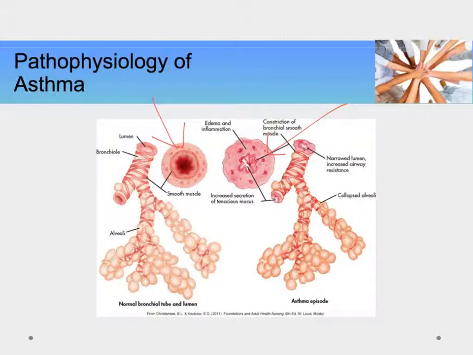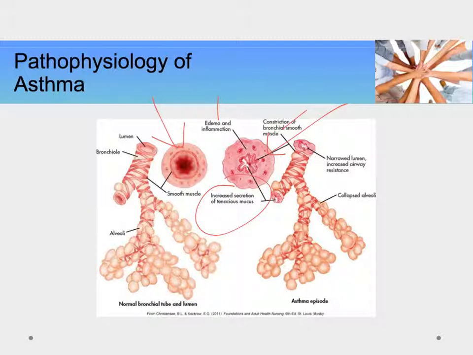The stage is then set for acute bronchoconstriction, airway edema. So you see the constriction, the edema, mucus plug formation. That's because we have this increased secretion of tenacious mucus, and that's that inflammatory response. And airway narrowing and bronchial obstruction.